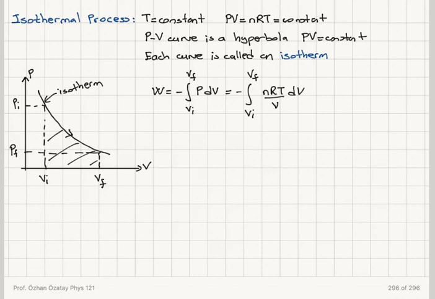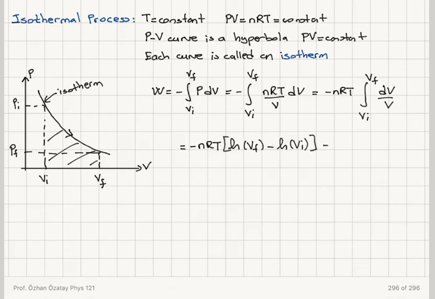And nRT is a constant, so it comes out: minus nRT integral from V initial to V final dV over V, and that integral gives me a natural logarithm, so minus nRT times natural logarithm V final minus natural logarithm V initial, so this will be equal to minus nRT natural logarithm V final over V initial.